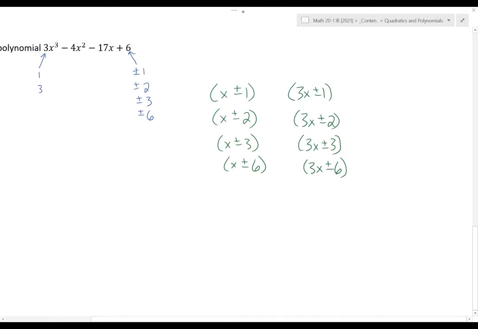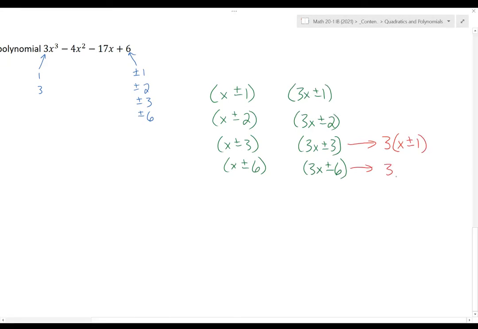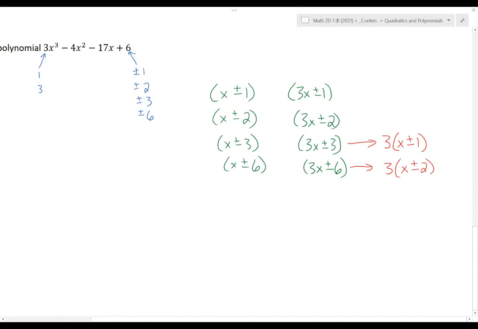Because if I look at these last two, they have common factors. So the 3x plus or minus 3 is actually 3 times x plus or minus 1. And 3x plus or minus 6 is actually 3 times x plus or minus 2. So not only are these factors repeated, but I can actually straight up eliminate these from possibility because they have 3 as a factor.